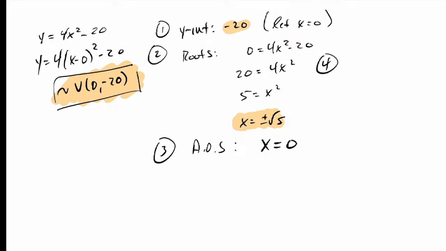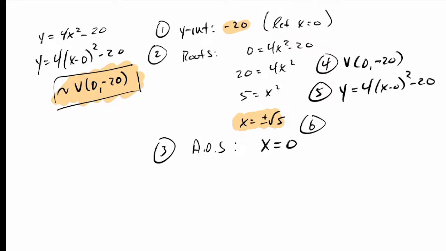In part 4, they want the vertex. Well, we already have it. I'm in vertex form, so 4 and 5 are easy because you already are in vertex form. Now they just want a sketch for 6. So draw your Cartesian plane. My vertex is (0, -20). And you'll notice that the leading coefficient of my quadratic is positive.